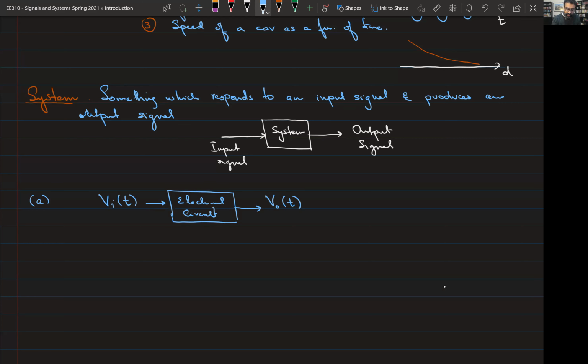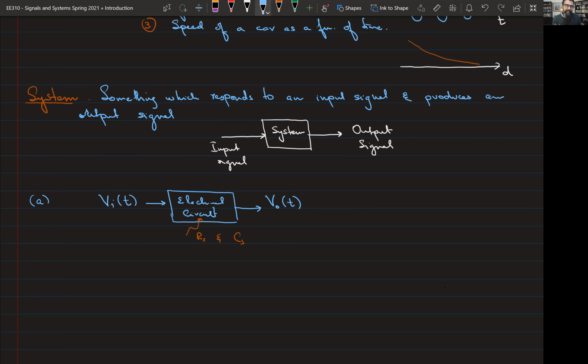So this box here is what these Rs and Cs and all of that I've combined together and depicted in a particular box. And so I just look at what the input is and how the output is related to the input. That will give you a description of what the circuit does or what the system does, right? So this electrical circuit would be an example of a system, right?